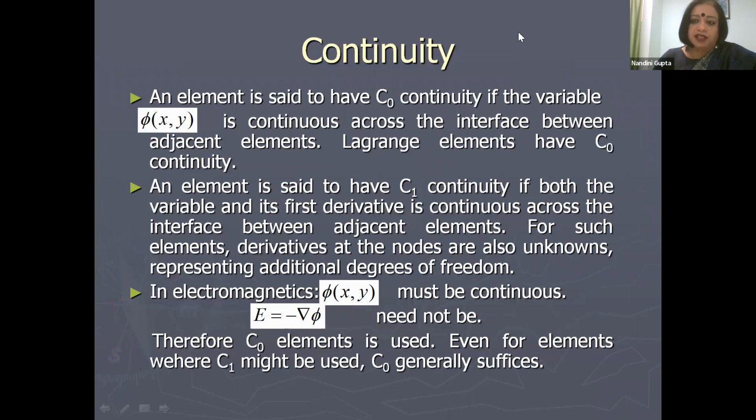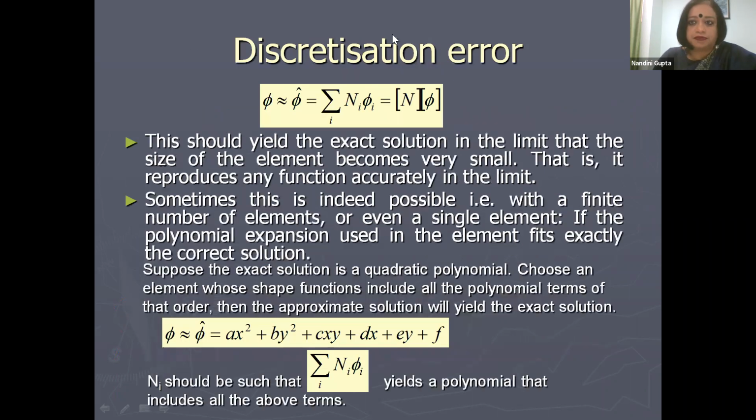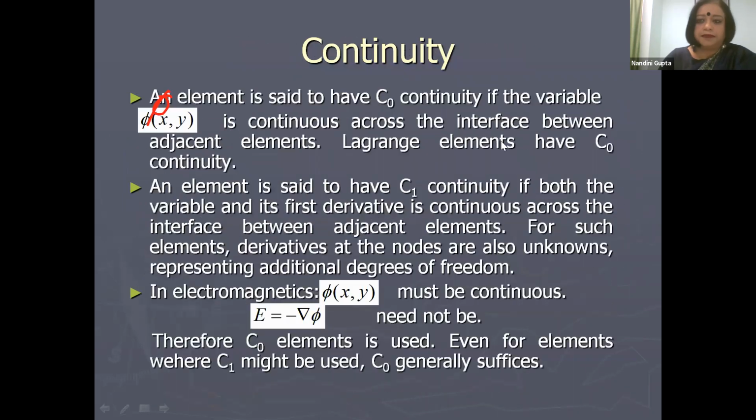So what do we mean by the continuity of an element? An element is said to have C0 continuity if the variable phi, that is the variable that you're going to solve for, has to be continuous across the interface between adjacent elements.